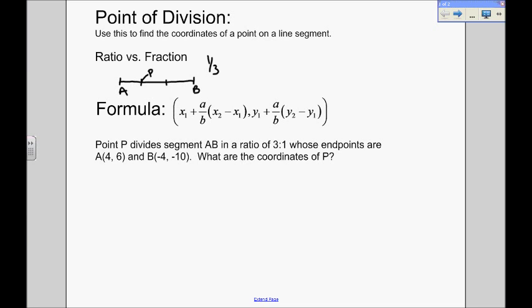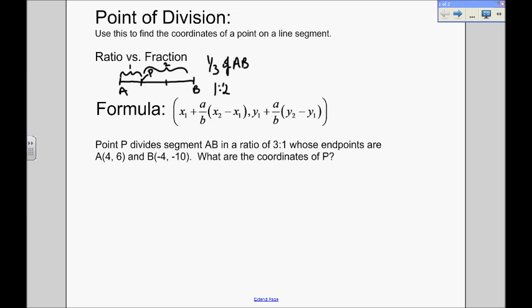Now, the questions that we do will be represented in two ways. It'll be represented as a fraction, like this is 1/3, or it will be represented as a ratio. So point P is 1 to 2 from A to B. So 1/3 is also represented as 1 to 2.